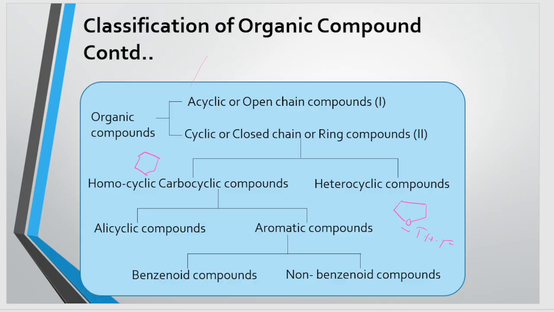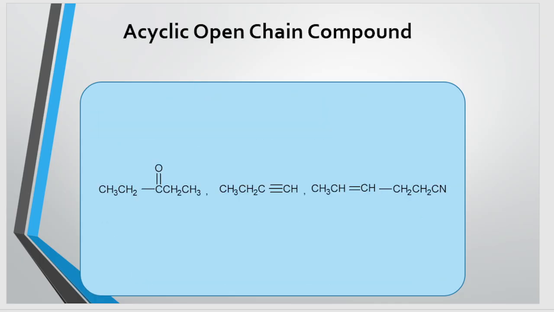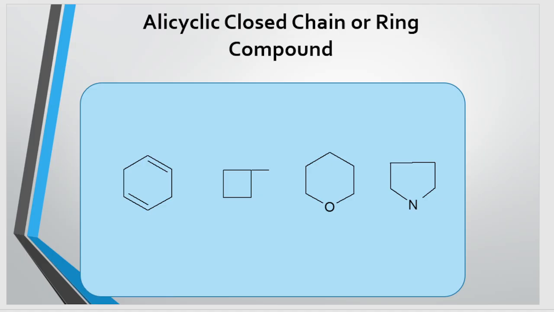One by one, we will discuss them in detail. Suppose we consider acyclic open chain compounds, straight chain compounds: there is no ring structure or closed figure. Alkenes, alkynes, alkanes are open chain compounds. All these examples are open chain compounds and they are not cyclic. As they are not cyclic, they are acyclic compounds. Now, what about alicyclic compounds?